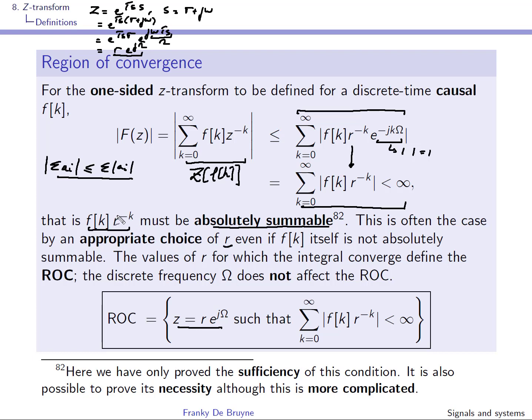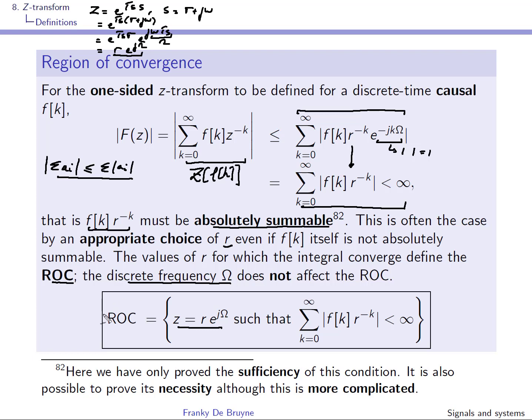The values of r for which the sum converges define the region of convergence. Notice again, as in the Laplace domain, that this condition does not depend on the discrete frequency capital omega, just as for the Laplace transform, where the region of convergence is independent of the frequency omega.